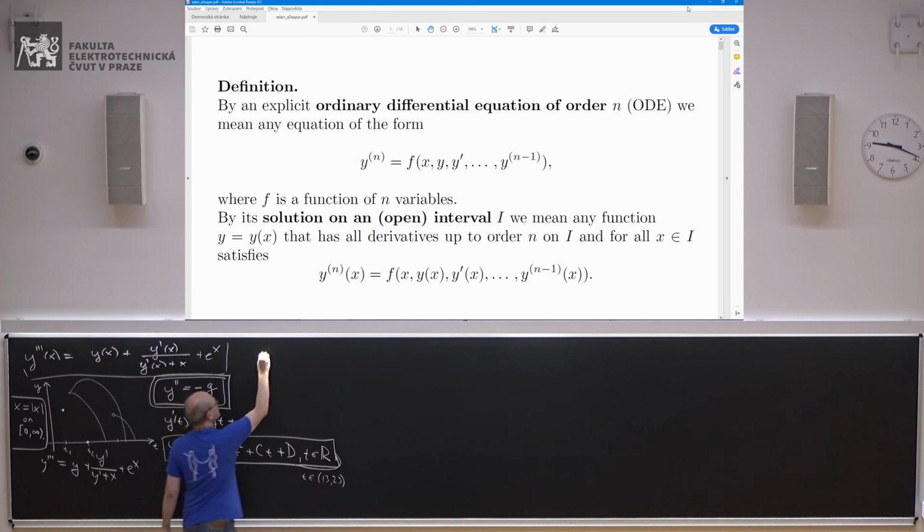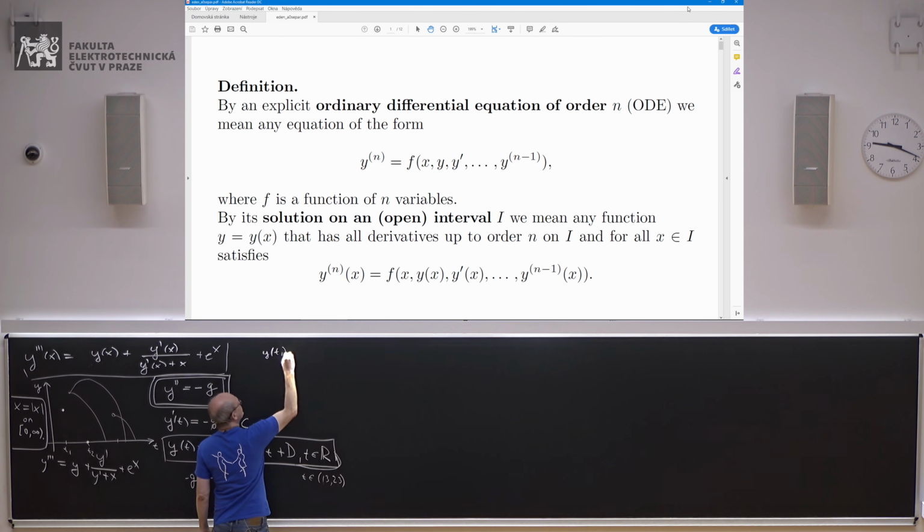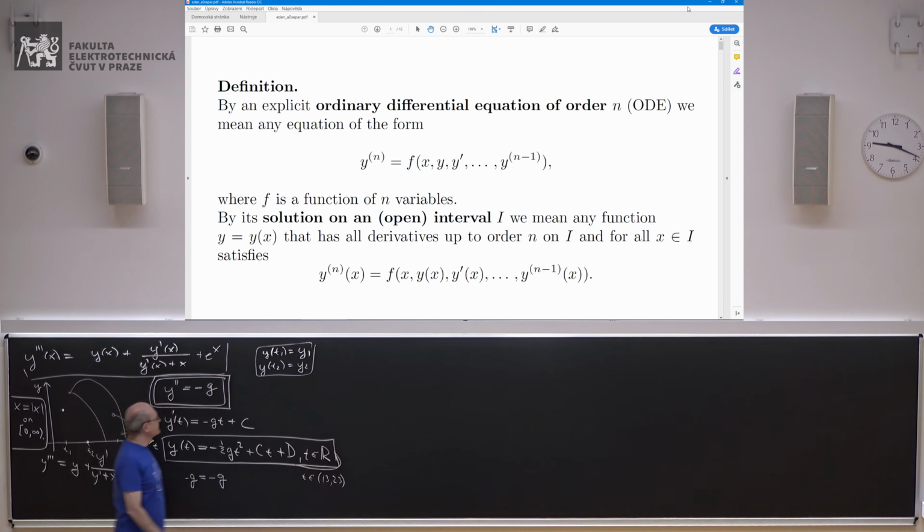Let's see. y at time t1 is some elevation y1, and y at t2 is some elevation y2. Then we can use this data to actually determine which parameters C and D fit. This is not difficult. We just take this formula and substitute it here. I prefer to show it with a different set of conditions. You will see why in a second.